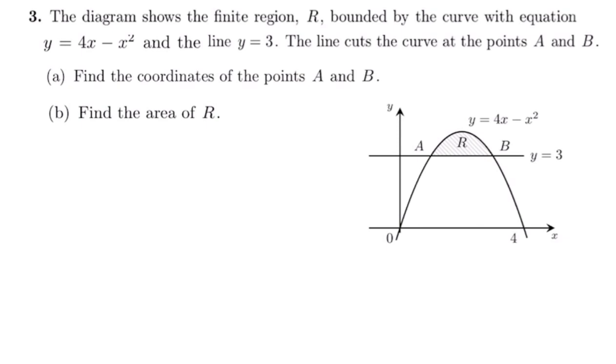Okay, when you solve that, you end up with x equals 1 and x equals 3. Therefore, A must be the coordinate (1, 3), and B is the coordinate (3, 3). I'm just using the diagram to tell me which is A and which is B.